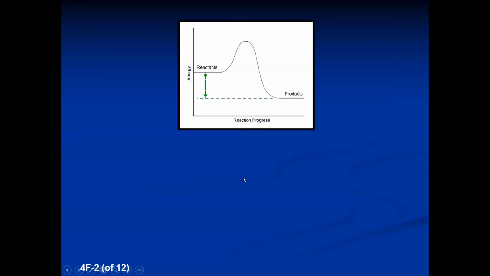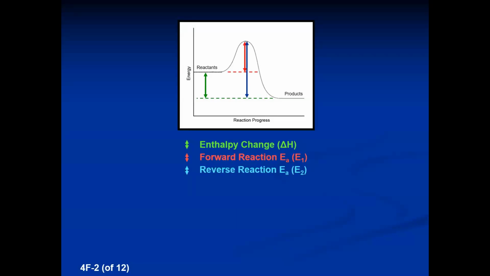Okay, so again, this thing on the top is our activated complex. So let's look first if we're going forward. So if we're going forwards in our reaction, our activation energy is right here, EA.